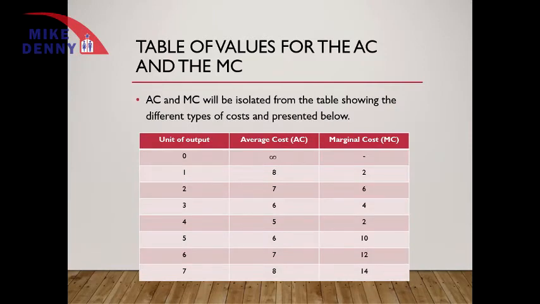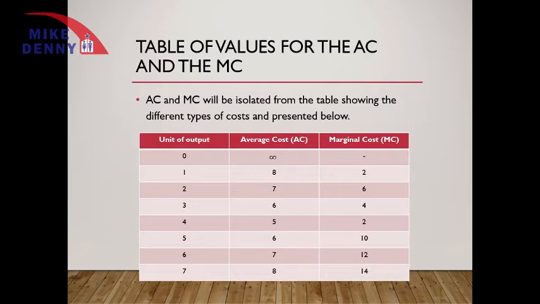So these are the units of output. Then I've isolated the average cost and the marginal cost. So when the output is 0, the average cost is undefined. When you divide anything by 0, it is undefined.